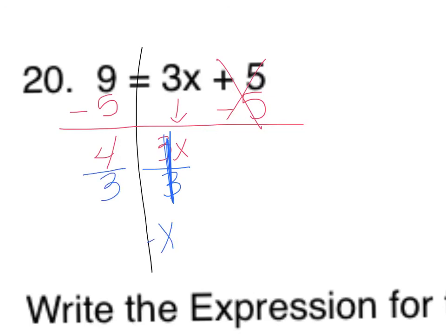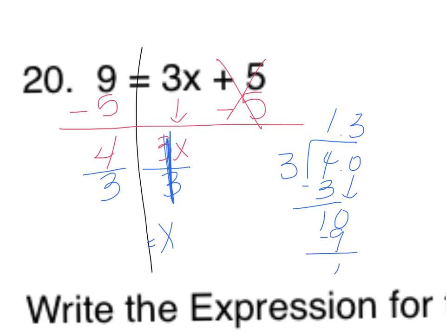So I'm left with x equals 4 divided by 3, which is, I'm going to bring down that 0. Then guess what's going to happen? It's going to be a repeating 3. So 1.3 repeating. Or you could have actually left it as the 4/3.